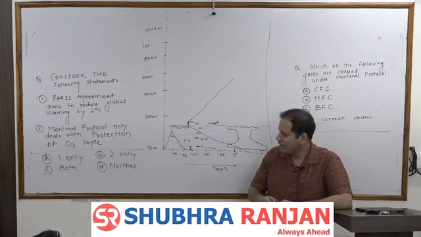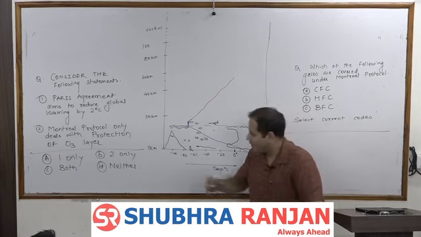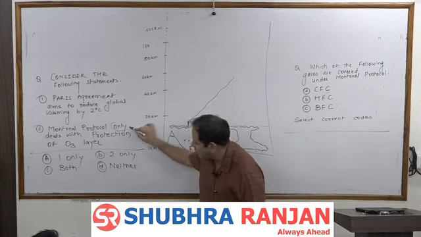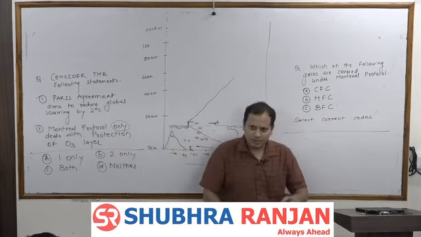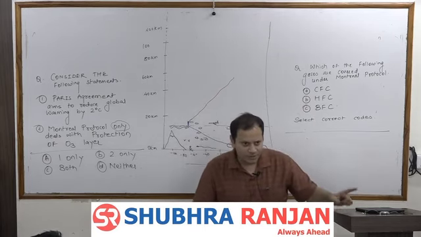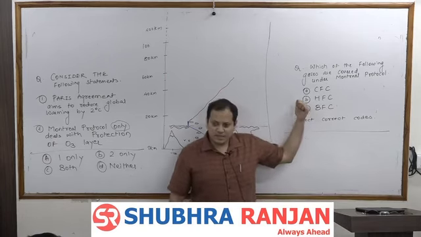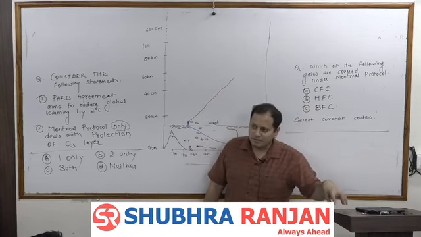The Montreal Protocol only deals with the protection of the ozone layer. Right or wrong? Why is it wrong? Because the word is only. It does not deal only with the protection of the ozone layer. With the addition of HFC, the Montreal Protocol also deals with global warming. I have told you in the last lecture that HFC is not harmful to the ozone layer.